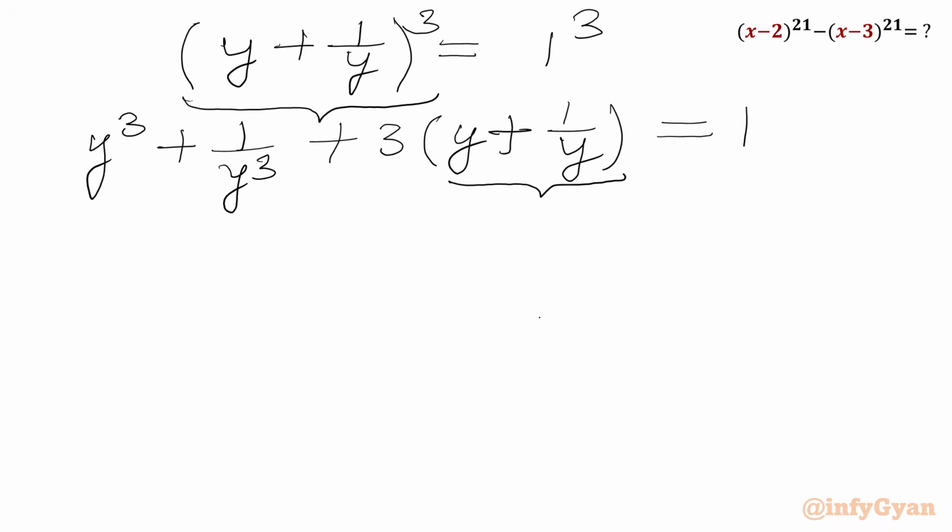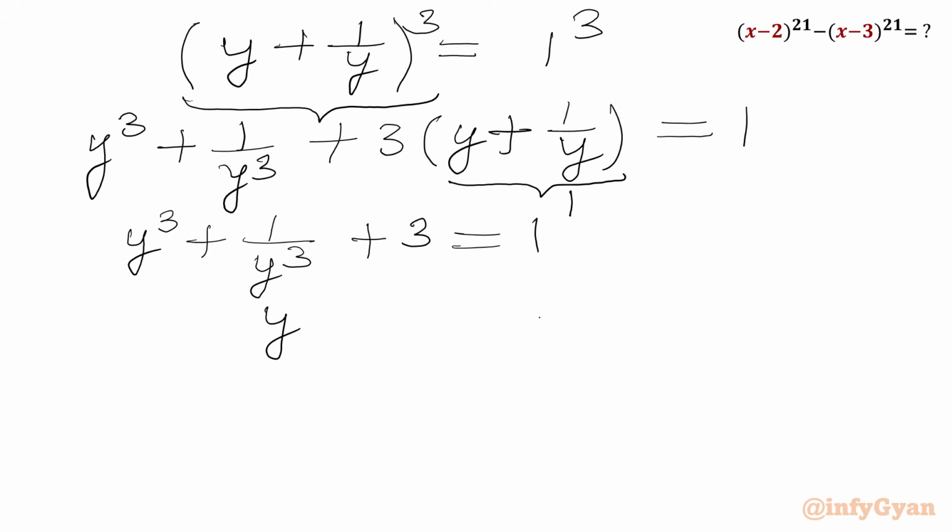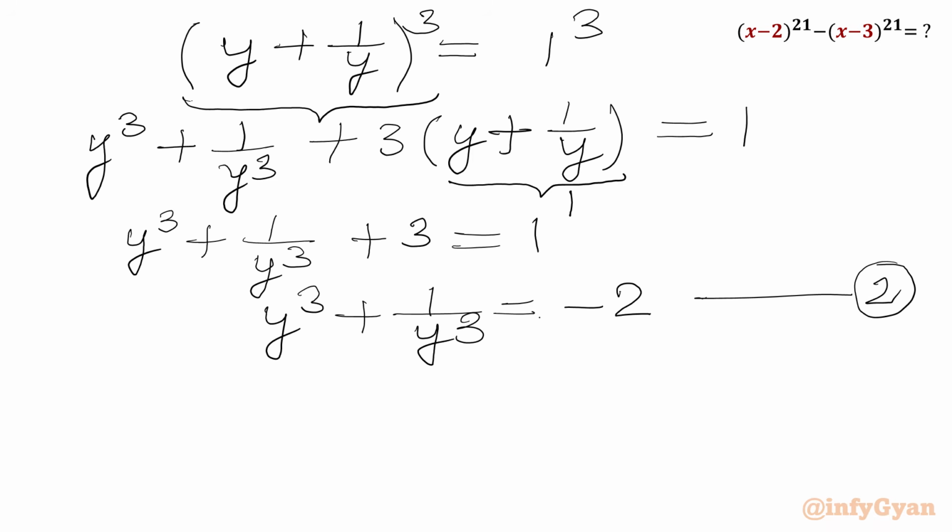Now y plus 1 over y is 1. So we can write here y cube plus 1 over y cube plus 3 equal to 1. So from this equation we'll be getting our equation number 2, which is y cube plus 1 over y cube equal to 1 minus 3, we can write minus 2. Let's say this is our equation number 2.